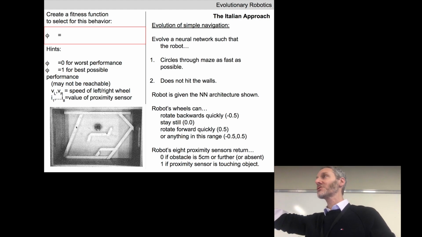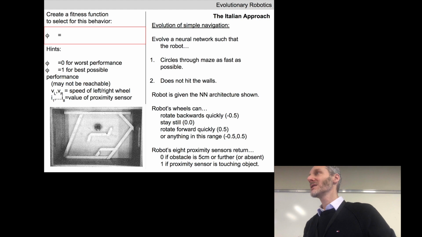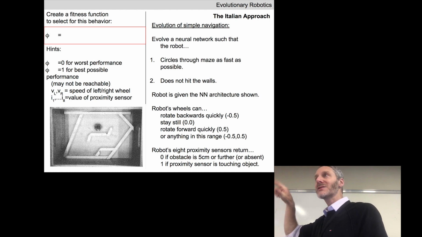If we're trying to maximize VL and VR, we're selecting for forward speed as quickly as possible. Or you could just get it spinning on one wheel because you're adding them, not multiplying them, so it can spin and have one wheel going really fast. Possibly, right? So evolution might say, all right, VL plus VR, I'm going to forget about one of them and just try and maximize the other one. You might get spin.